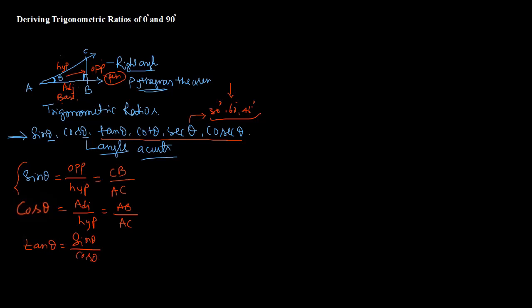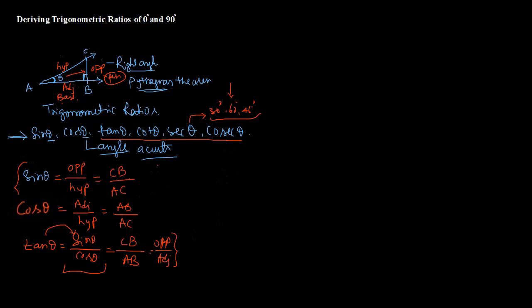I can straight away take the values of these and write them here. If this is divided by this, AC gets cancelled, which gives opposite by adjacent, which is the ratio for tan theta. Based on these two, you can write all of them. You don't need to memorize any of this.